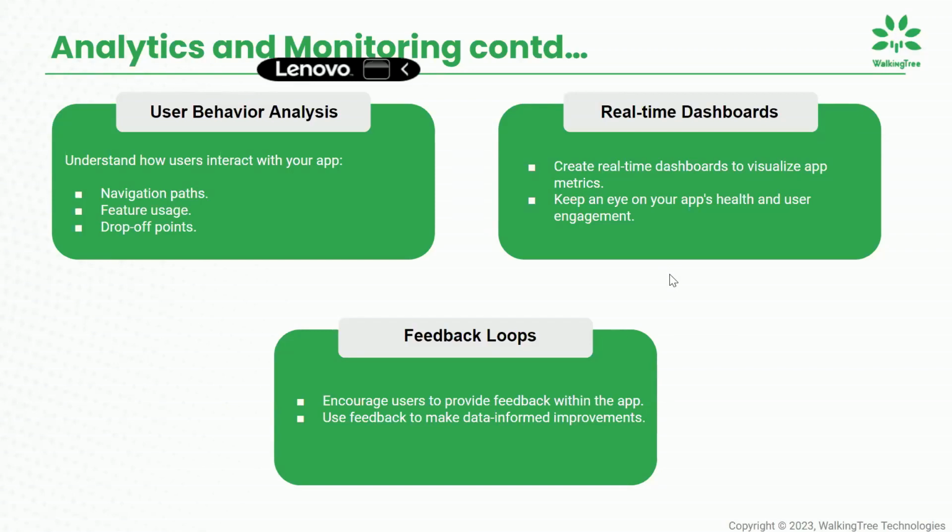Feedback loops are also an important thing, where within your app you provide an option to give feedback. If a user wants to give feedback, it should be a very easy process. An eye-catching icon should be available all the time, so whenever the user wants to give feedback, in one click he or she should be able to type it and give it to us.